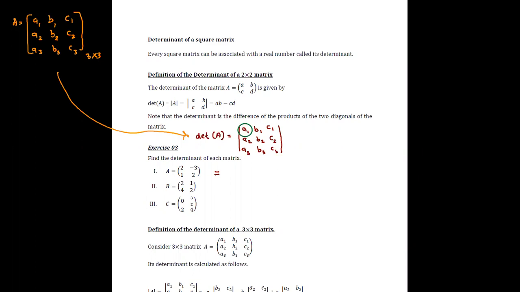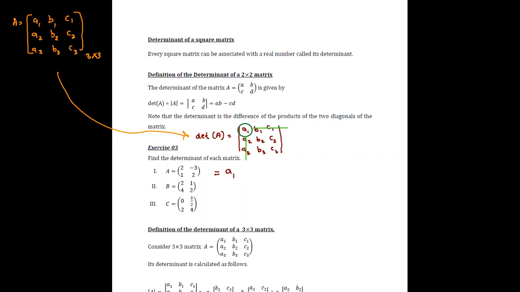The identified element can be written here. Here I will take this element as A1. Then I have to cut down the row and column associated with this selected element. Since it is in the first row, first column, I have to cut down the first row as well as the first column.